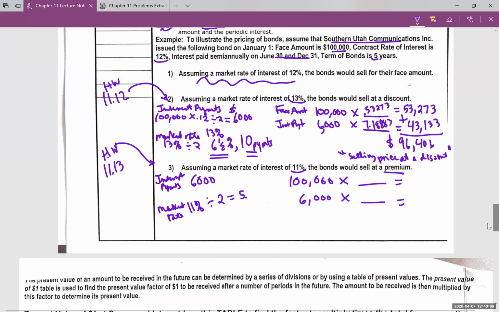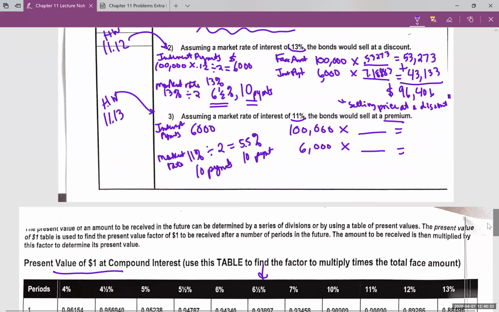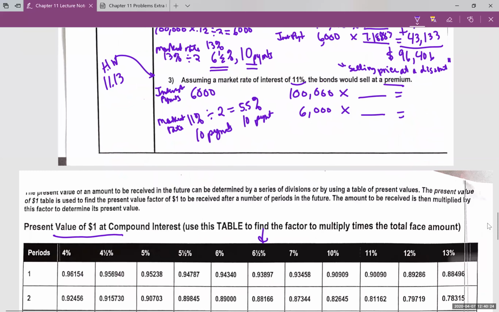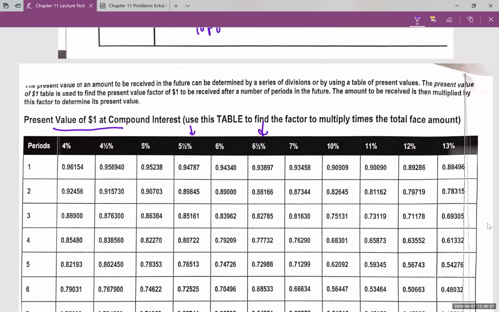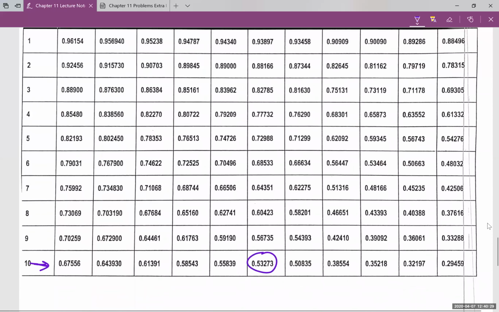So this time we're going to be looking at the 5.5% column, and there are still 10 payments, so we look at the 10 payment column. Again, the 100,000 is the lump sum. This time we're looking at the 5.5%, still 10.